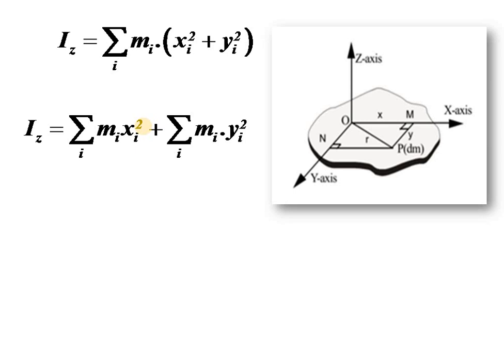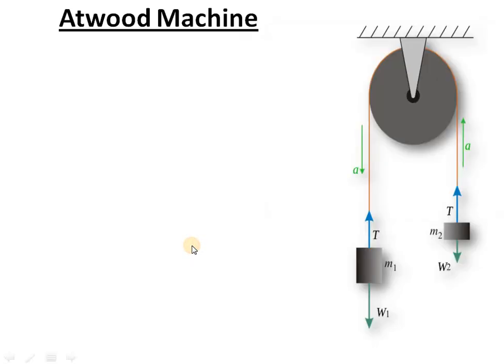That means if the lamina is revolving about the x-axis, this will be the moment of inertia. And the second term indicates the moment of inertia of the entire lamina with respect to the y-axis. That means if you rotate about the y-axis, this will be the moment of inertia. So you can replace summation mi xi square with Ix and summation mi yi square with Iy. So we get Iz is equal to Ix plus Iy. So this is the theorem.